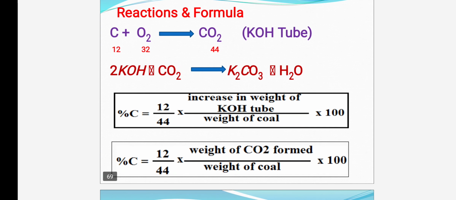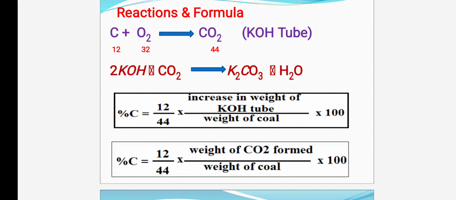Now for carbon. Carbon is the actual burning part of the coal. It reacts with oxygen and produces the combustion product CO2. Carbon's molecular weight is 12, and it requires two oxygen atoms, so 16 multiplied by 2 is 32. So 12 plus 32, we get 44, the molecular weight of the produced gas, CO2. Now who absorbs CO2?